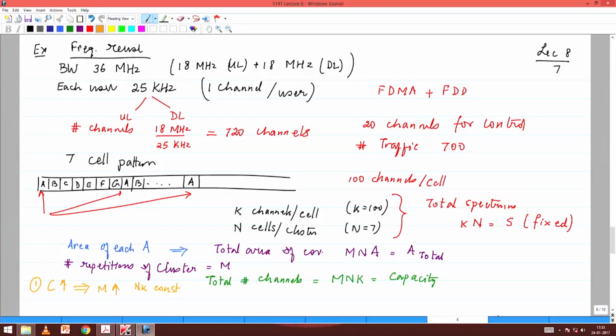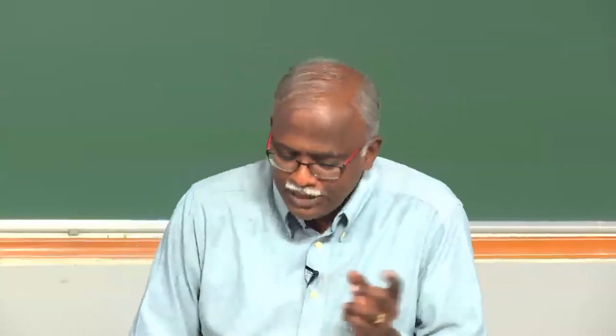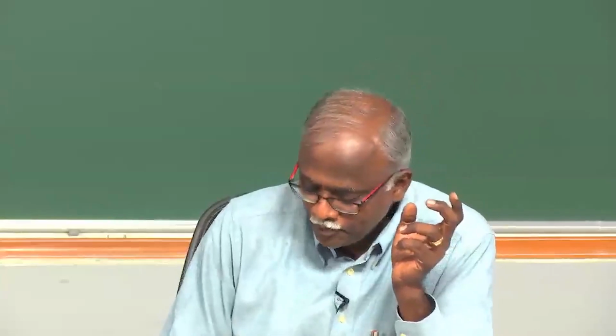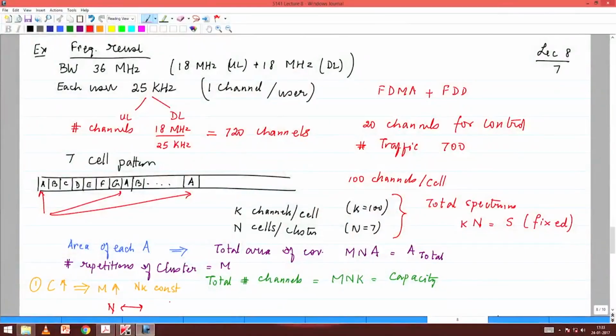Now, there is a certain reason for choosing N to be of a certain size. As I mentioned to you, the fundamental reason for choosing N is based on what C over I will result, the minimum C over I that will happen because of co-channel interference.